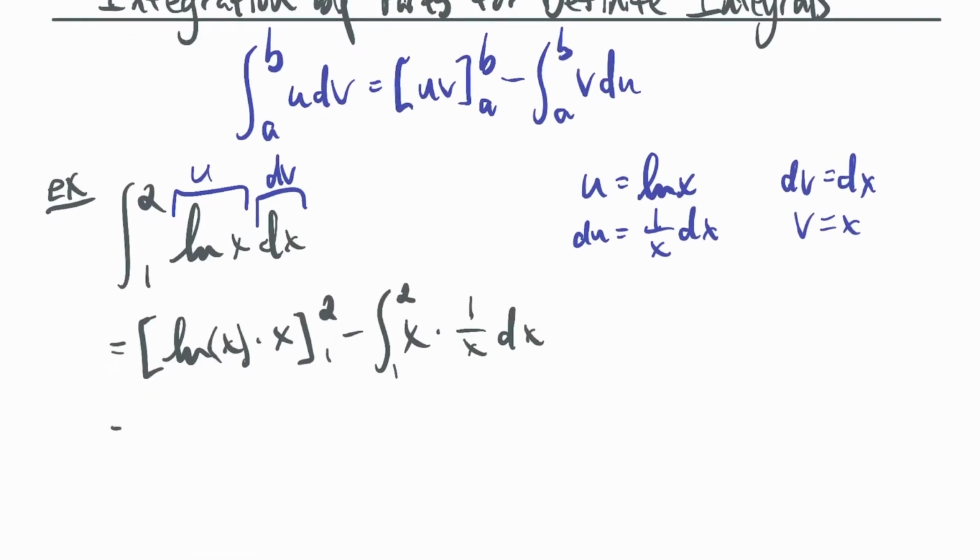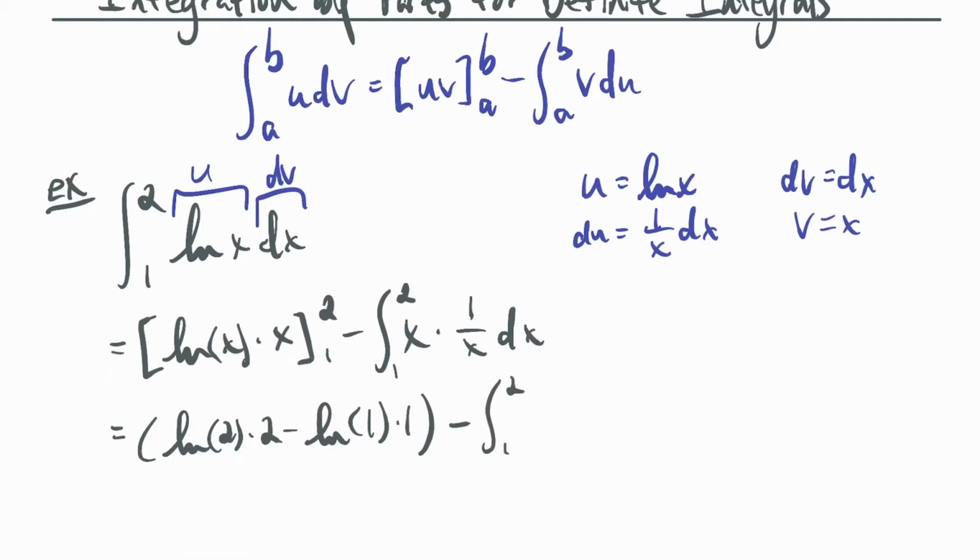Okay, so this equals ln of 2 times 2 minus ln of 1 times 1. And you might remember what ln of 1 is. We'll talk about that in a second. So minus the integral from 1 to 2, well, x times 1 over x is just 1, so this is dx. Okay.